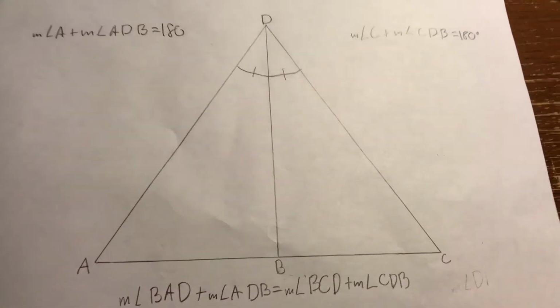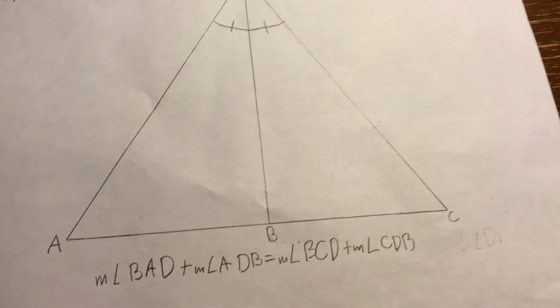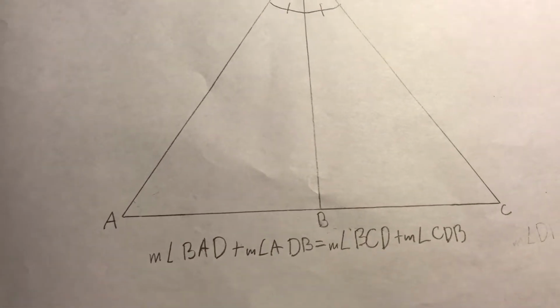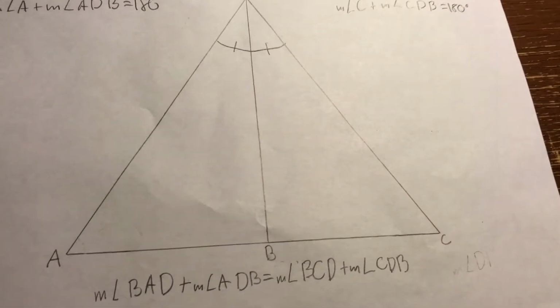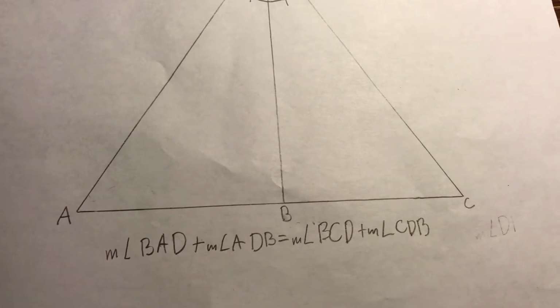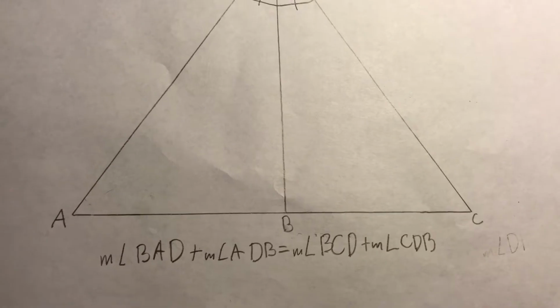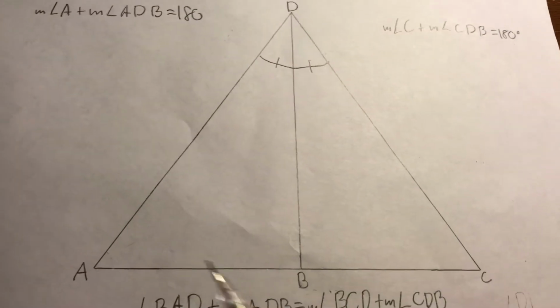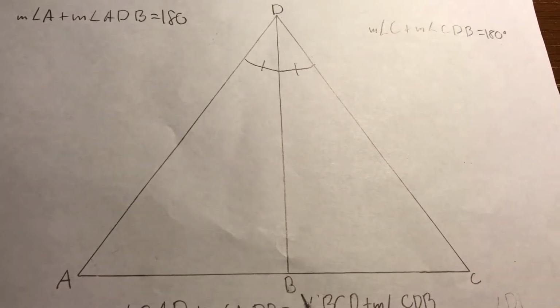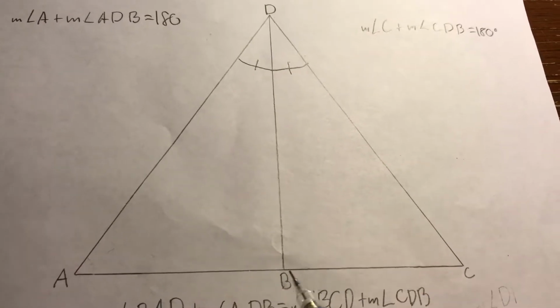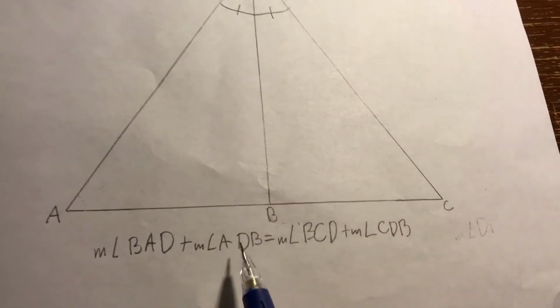Anyway. Oh, damn it, I hate them. Anyway, the measure of angle DAB. Dang it, I lost. Oh, yeah, because ADB is congruent to CDB, then those two are equal.